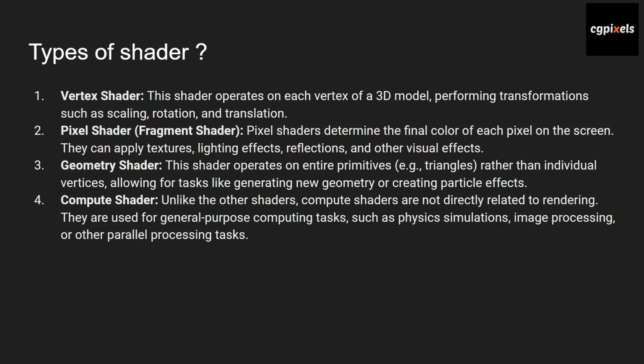Then there are geometry shaders, which work on the faces, the triangles that the 3D model has. And the last is the compute shader, which is different from the other shaders. It runs directly on the GPU and is there for parallel rendering, image processing, and other VFX effects that you use.